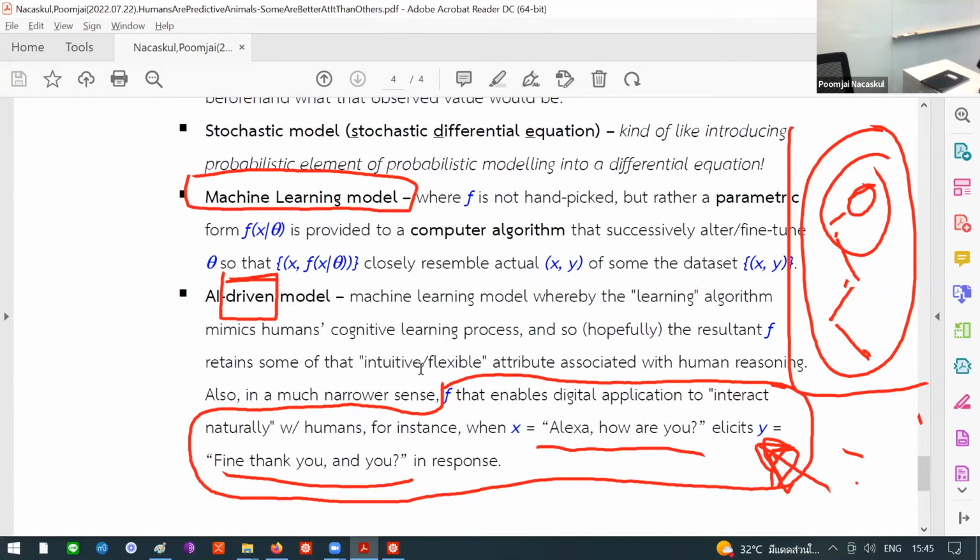The model that has that feature, that has the ability to do that, is built, engineered to mimic that kind of human reasoning. And that's the kind of AI-driven model. Now, the AI-driven model is just that. It's a machine algorithm that has a reasoning capability similar to human cognition.